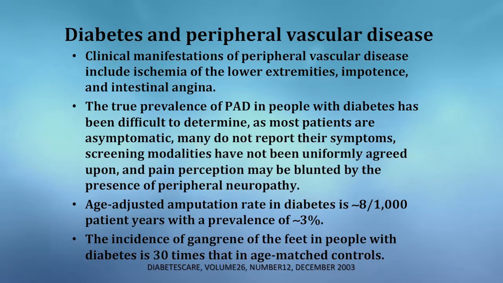Diabetes and peripheral vascular disease: the clinical manifestations usually include ischemia of the lower extremity, impotence, and intestinal angina. The true prevalence of peripheral vascular disease is usually difficult to determine in patients with diabetes because most of the patients are asymptomatic until they develop complications.